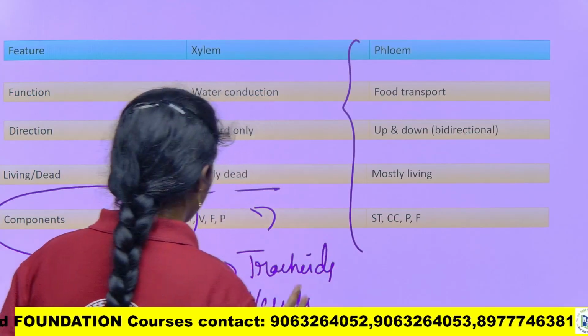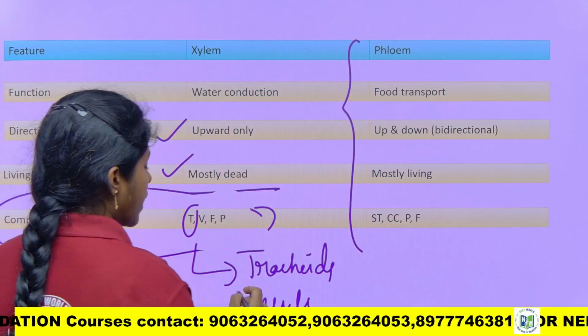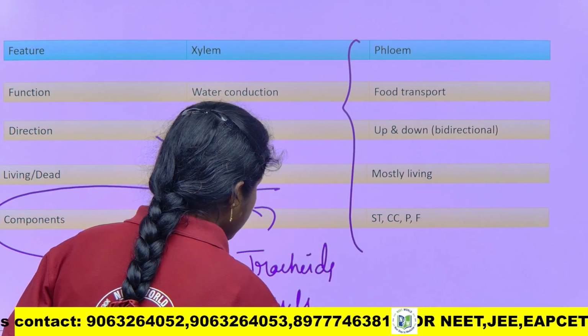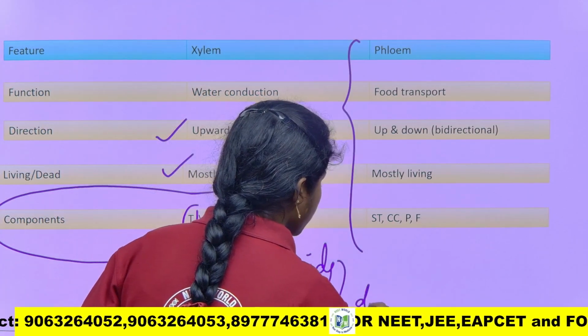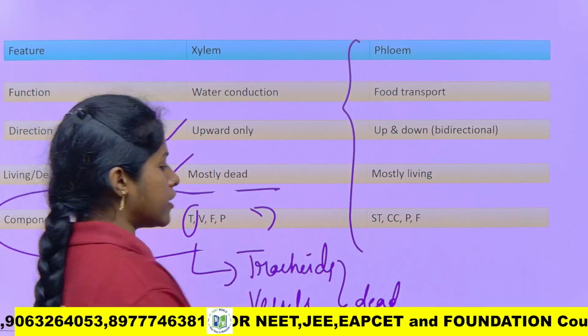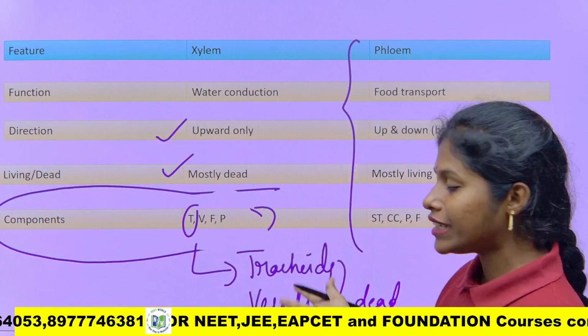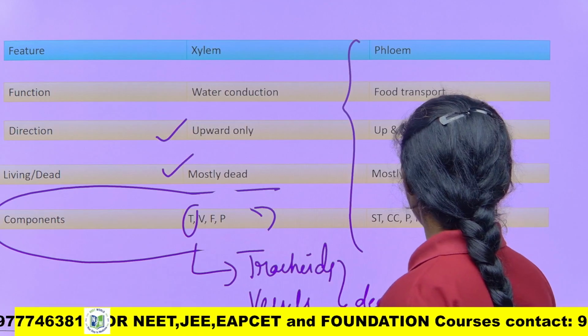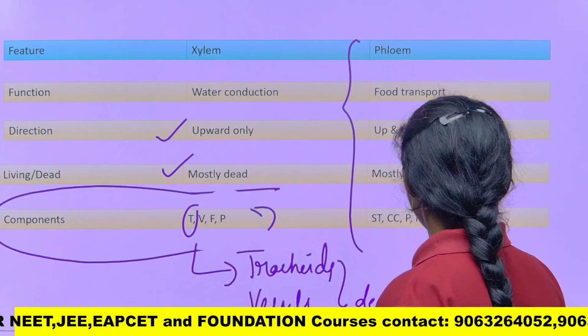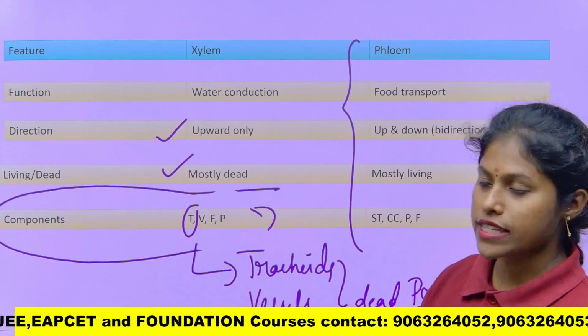The xylem has four main components: tracheids, vessels, xylem parenchyma and xylem fibers. Out of 4 components, 3 are dead. That is why we consider them almost entirely dead, right. Xylem parenchyma is the only living tissue present in the components of the xylem, right.